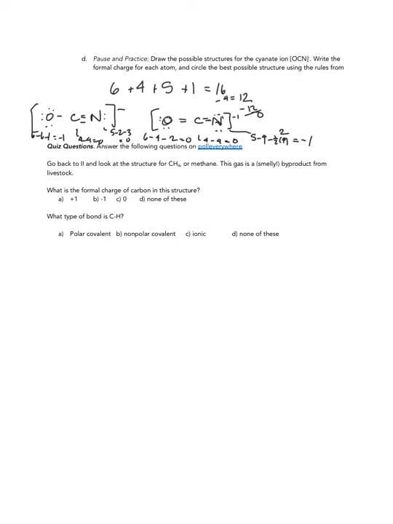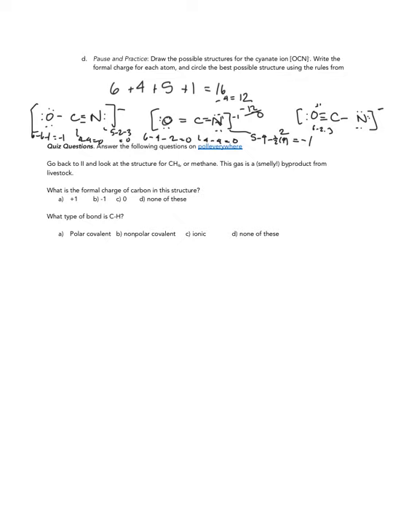But it turns out there's still one more structure that we could write, and that's with O and C having 3 bonds, and carbon and nitrogen having 1 bond. But in this case, for oxygen, we would have 6 minus 2 minus 3 equals +1.